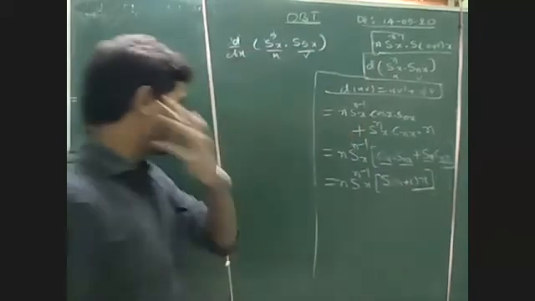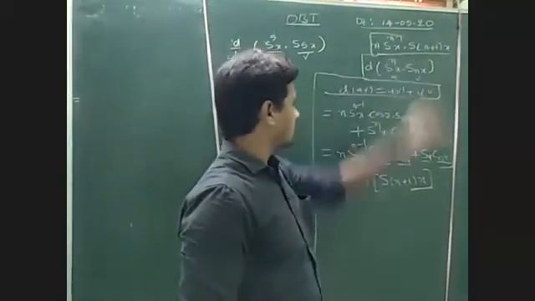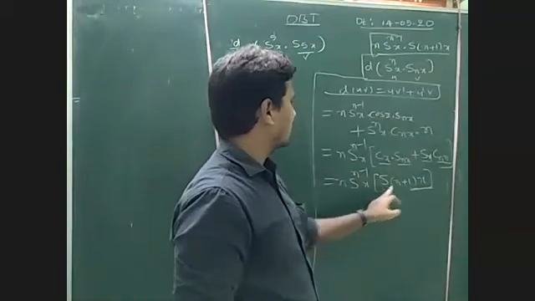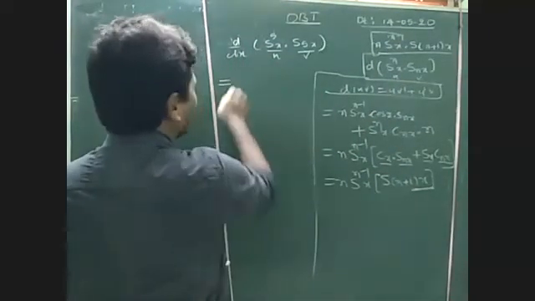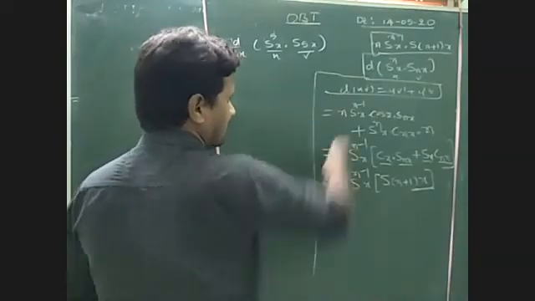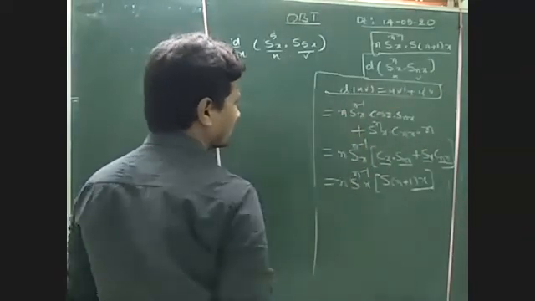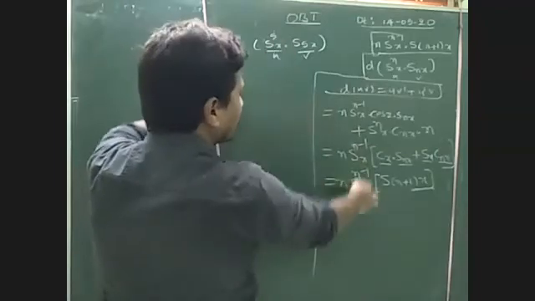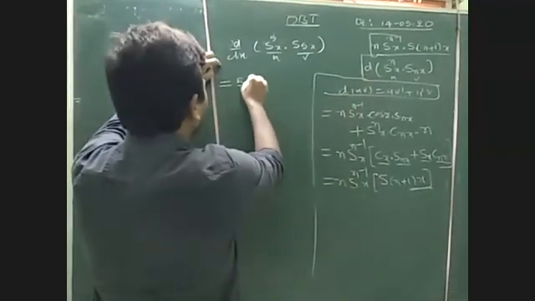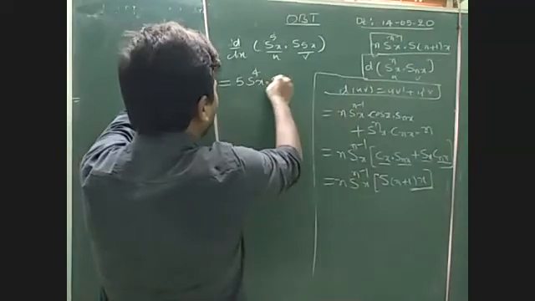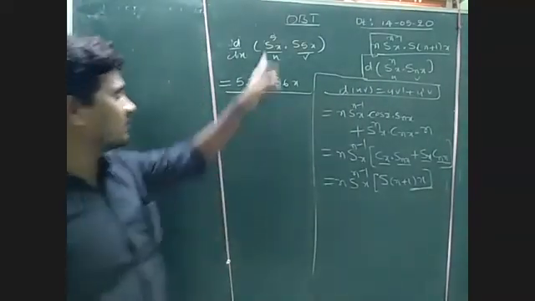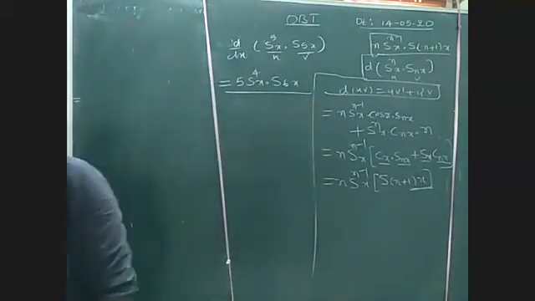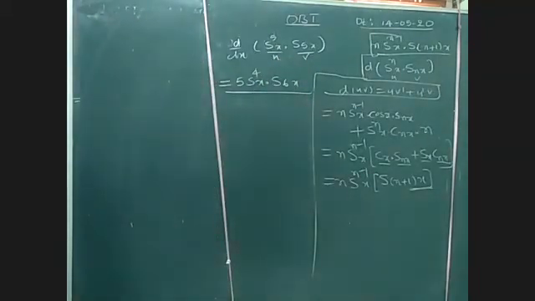This is the formula, n sin power n minus 1 x sin n plus 1 x, and we can derive it with the product rule. Replace n with 5: 5 sin power 4x sin 6x. This is the answer, n plus 1 is 5 plus 1, 6.